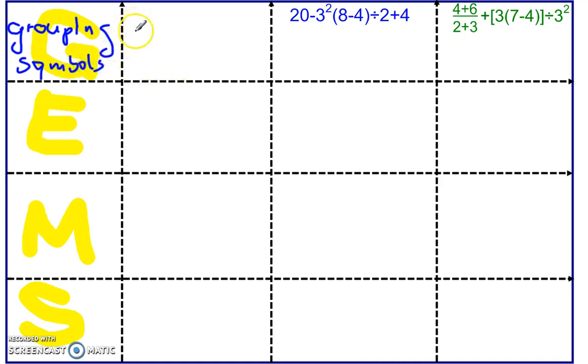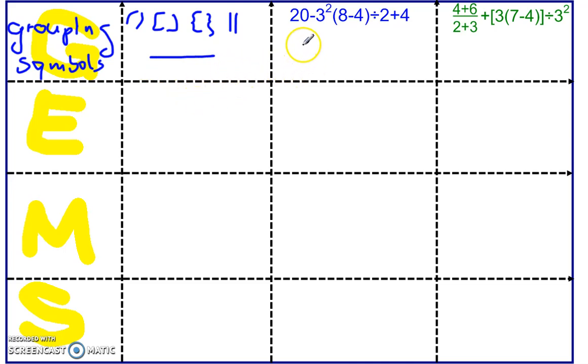Grouping symbols, the reason I use G instead of P is because there's more than parentheses. We have parentheses, but there's also brackets and braces and absolute value bars, and the one we tend to forget about, the fraction bar.